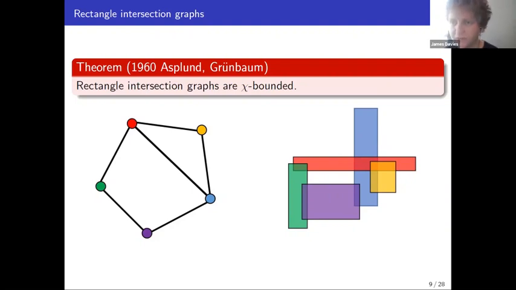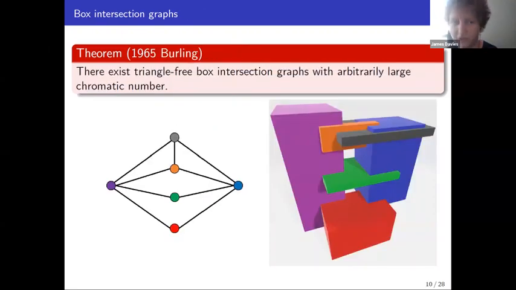You can take this class a step further and go to higher dimensions, so three-dimensional space, for example. Now we're looking at box intersection graphs, axis-aligned boxes in three-dimensional space. And another classic result, from Burling, is that there are triangle-free box intersection graphs with arbitrarily large chromatic number.